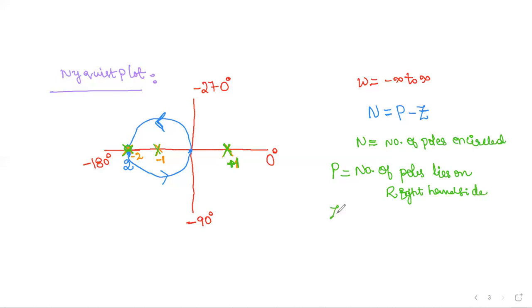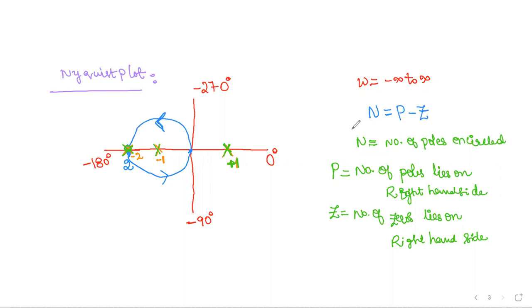What is capital Z? This is the number of zeros that lie on the right hand side. So this is the meaning of N equal to P minus Z.